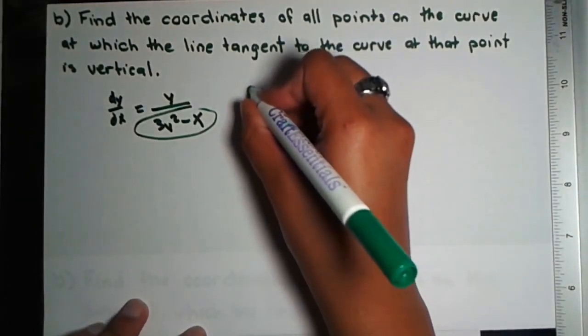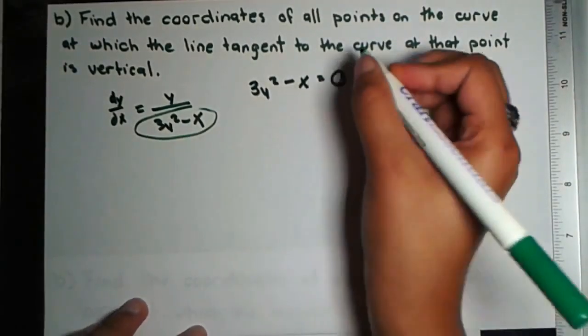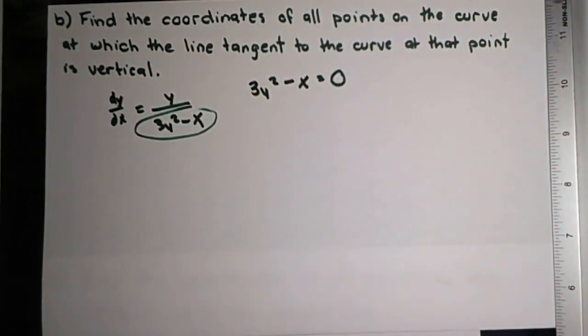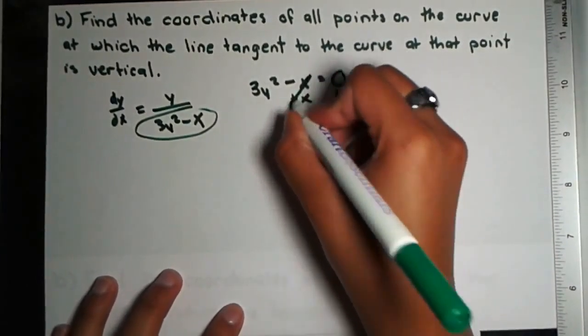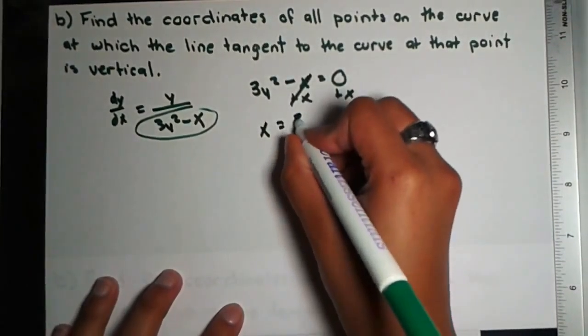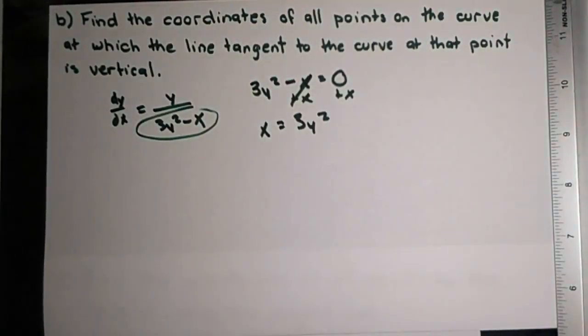So 3y squared minus x equals 0. And so to find x, we'll just add x to both sides. So our x would equal 3y squared when it equals 0.